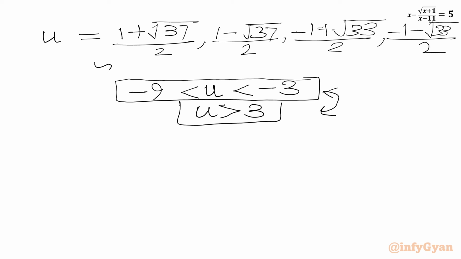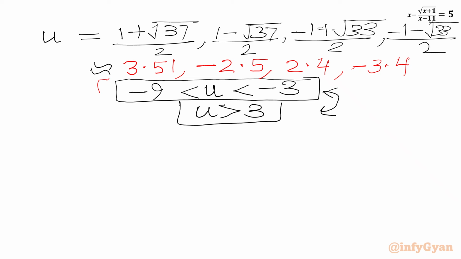So I will write here the approximate values of our u solutions. (1 + √37)/2 is approximately 3.51. (1 − √37)/2 is approximately −2.5. Then we have (−1 + √33)/2, approximate value would be 2.4, and (−1 − √33)/2 will be somewhere around −3.4.